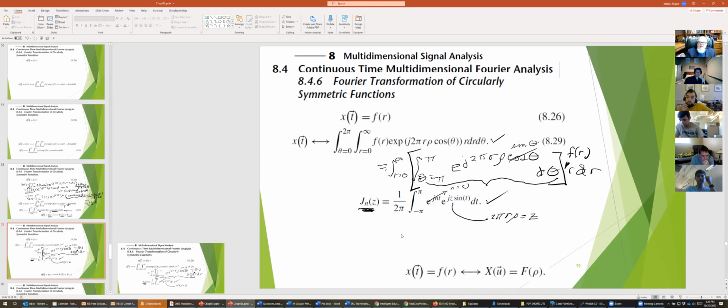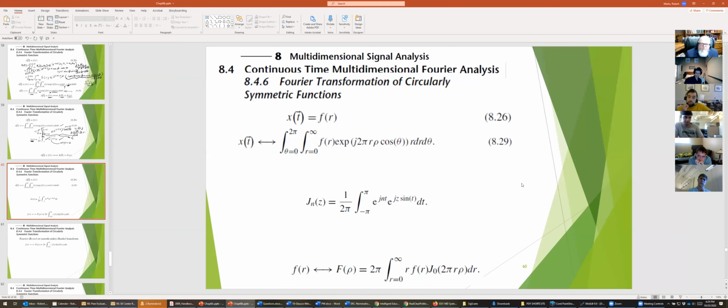Does that make sense? And I think you can see that if we set this as a 0, this integral is going to integrate to something like J sub 0. It's going to be a zeroth order Bessel function of the first kind. And if we fill in the details, using this, we get the following result.